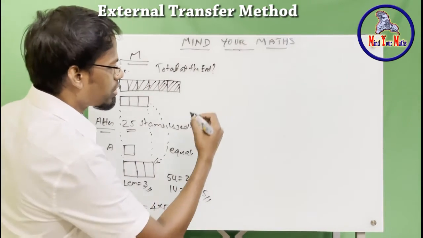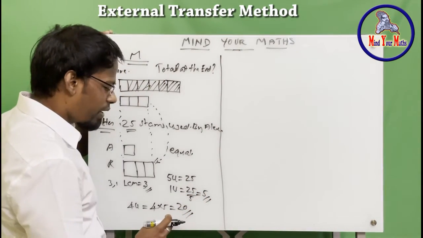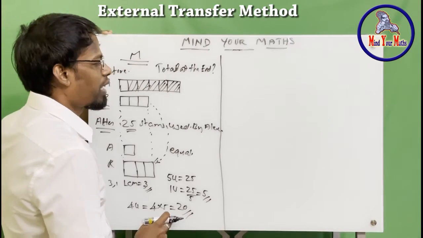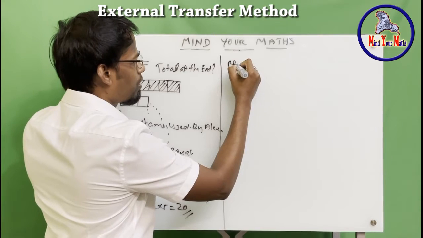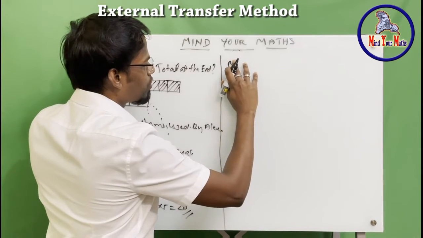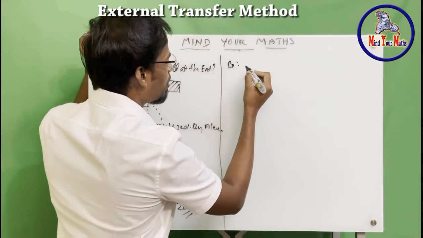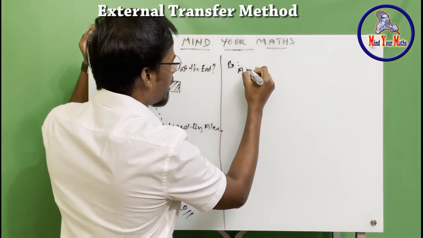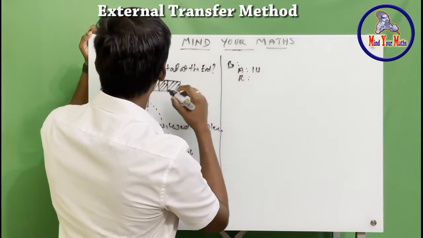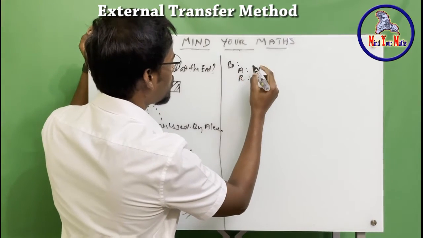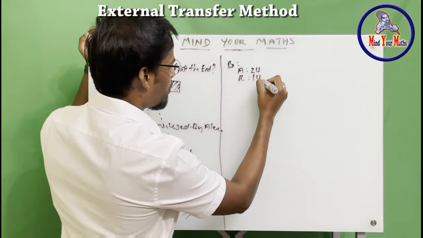Now let's use the units method to solve the same problem, and we should get the same result. So I will write before, I'll just use B, guys, it's difficult to write anyway, it's math class. Before, Alex had 2 units and Ravi had 1 unit.